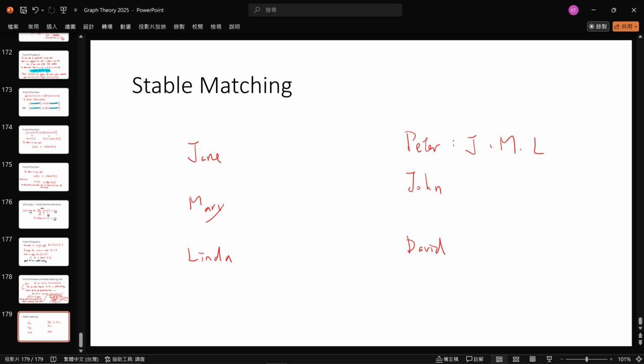This means if Peter can choose, Peter will choose Jen. Jen will be his first choice, followed by Mary, and Peter's last choice will be Linda. So this is Peter's preference list.